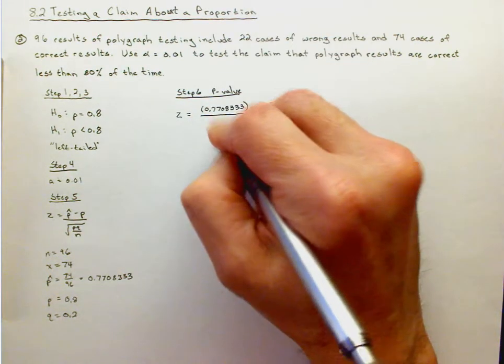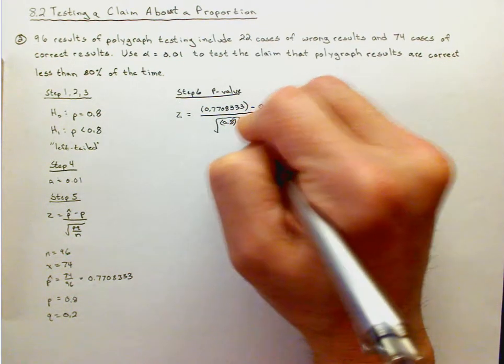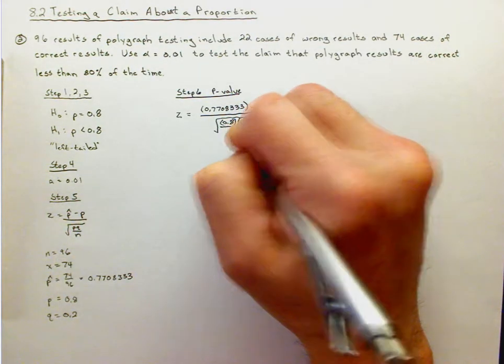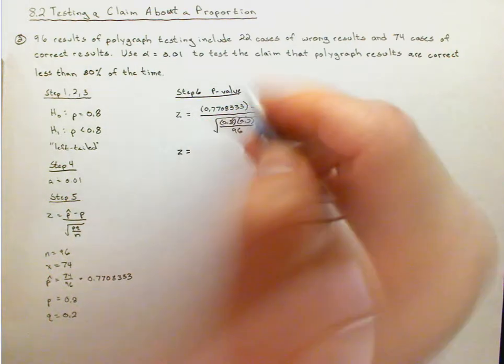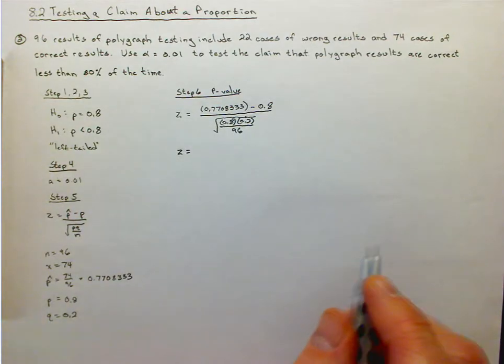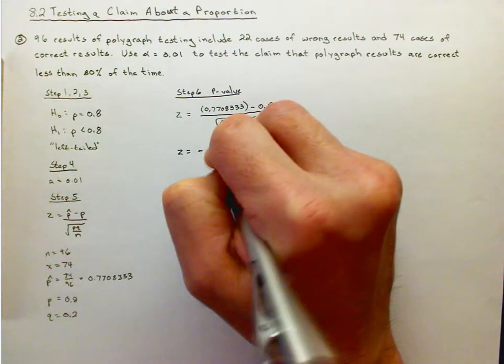And then my square root, that is 0.8 times 0.2 divided by my sample size, which was 96. And now to type everything in, I end up with a z-score of a negative 0.71.